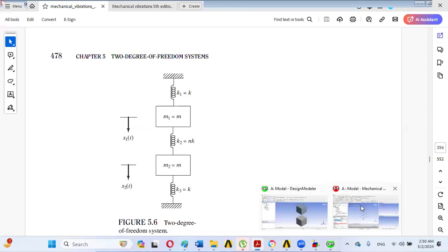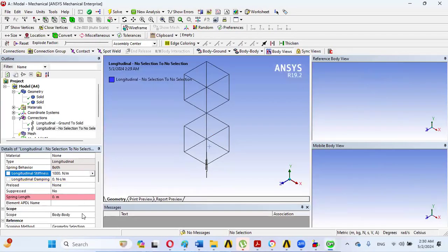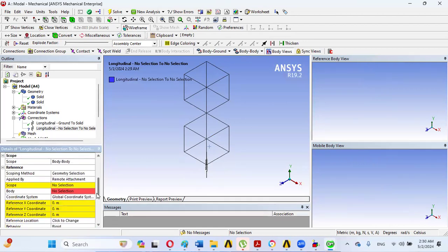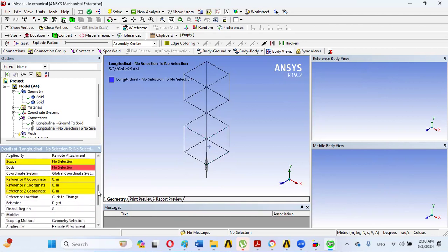So here we will be using body-body as the default has been shown, and now in the reference or in the mobile. Remember that both of these bodies can alternatively be made the reference and the mobile bodies.